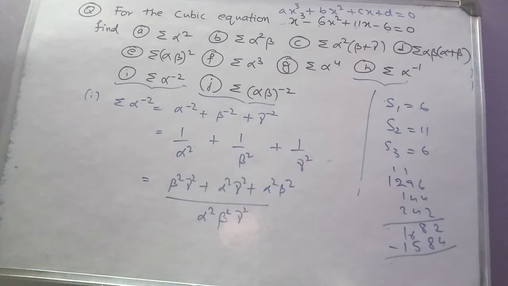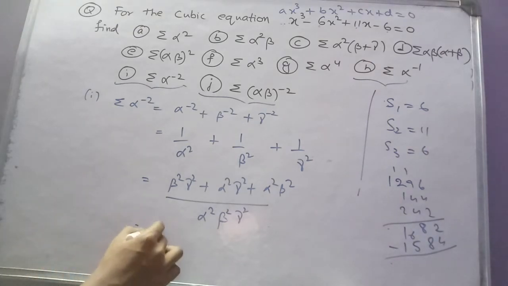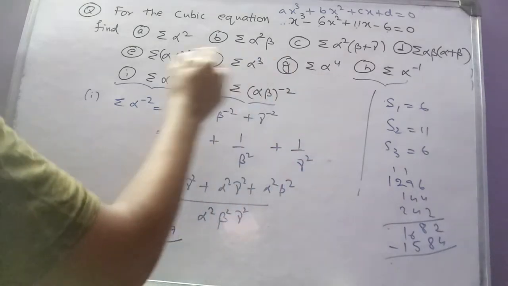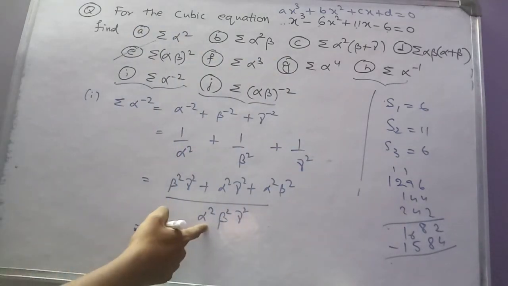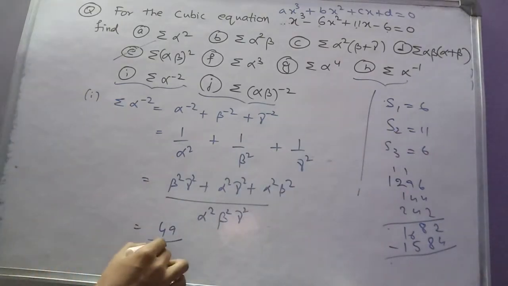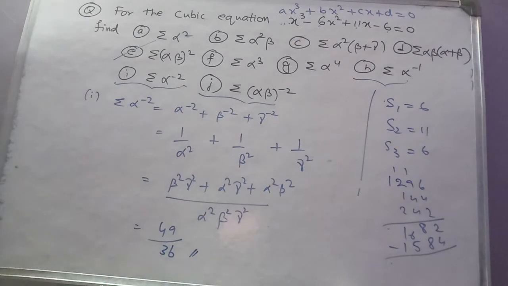Now we have already found the value of the numerator, right? So how much did we get? The numerator is 49. Here we have found it, here in E. And then the denominator is S3 square. S3 square means 6 square. 6 square is 36. So this is the answer, dear students. Sigma alpha power minus 2 is 49 by 36.